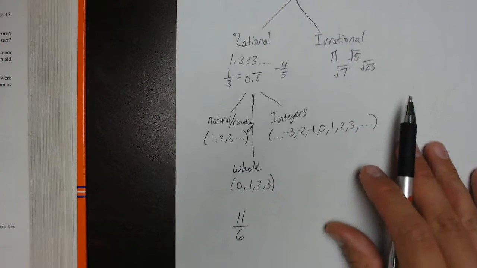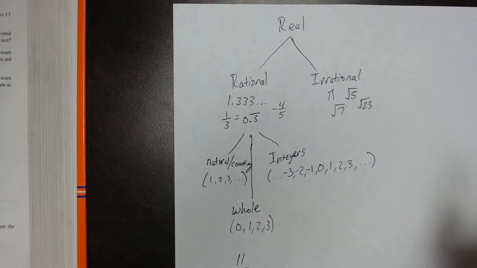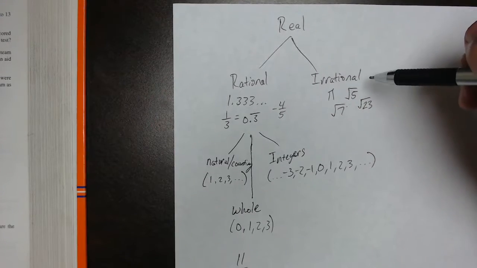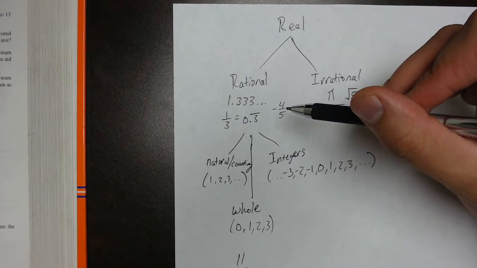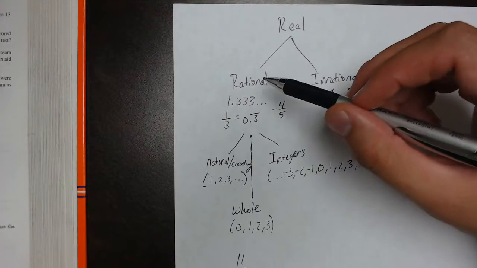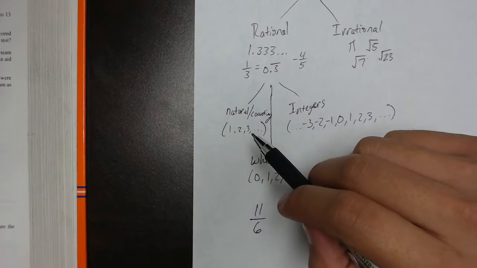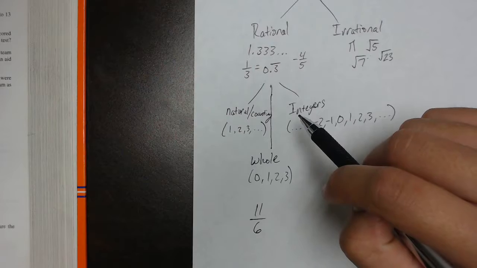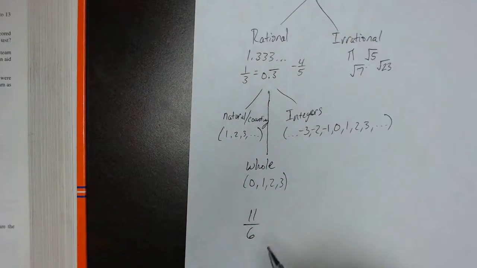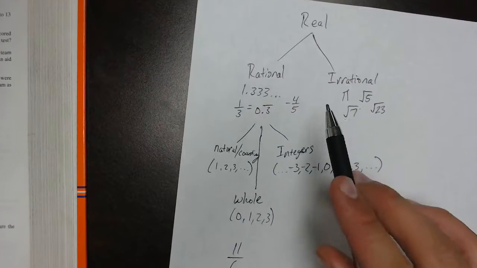If we take the number 11/6 and we compare it to our chart, 11/6 is real. Now, is it irrational? No, because it can be written as a fraction of whole numbers. So it is real, it is rational. Now, is it a natural number? No, because it's a fraction. Is it a whole number? No, it's a fraction. Is it an integer? No, it's a fraction. So 11/6 is just a real rational number.